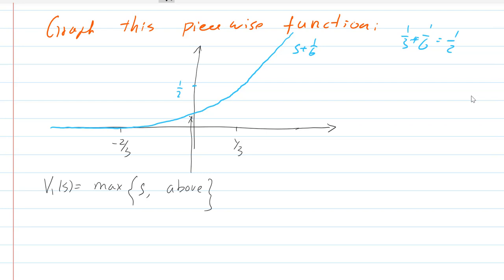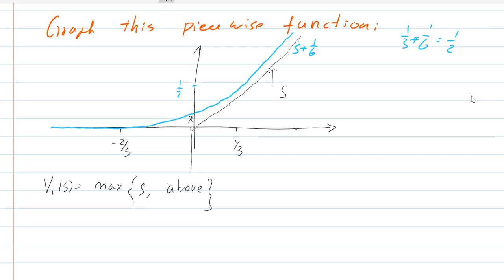What we need to do is just sketch the graph of s. The graph of s is a diagonal. So what do we have over here? But just to be very careful, because this is going to be really, really close. This one over here is s. We know it's beneath this blue line because s is less than s plus 1/6. And the entire thing over here is beneath that.